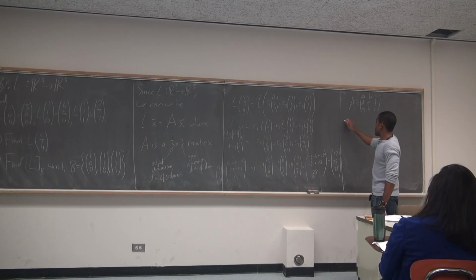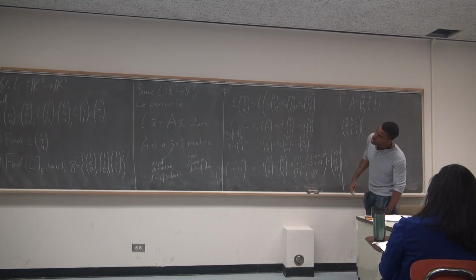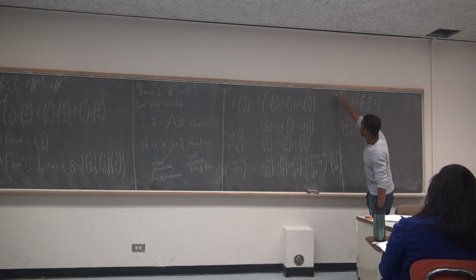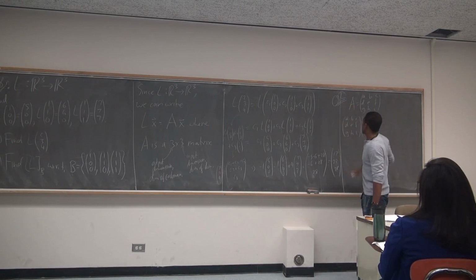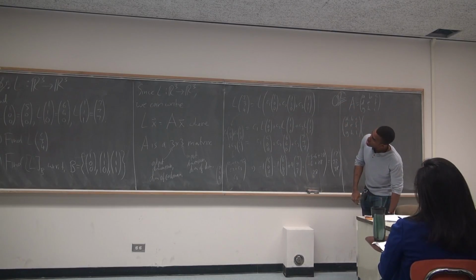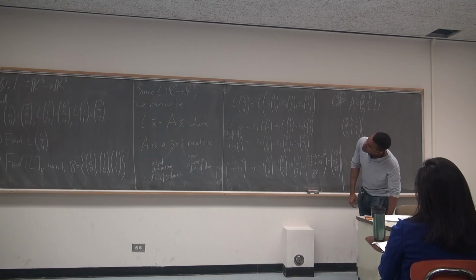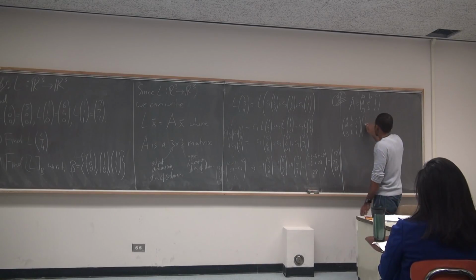So I noticed that here, A with entries a through i, times, this is an alternative. What was the first vector? (1, 0, 0). And the result was (5, 0, 0).